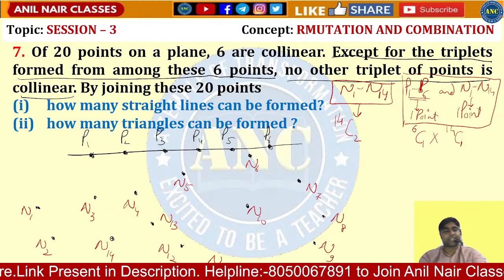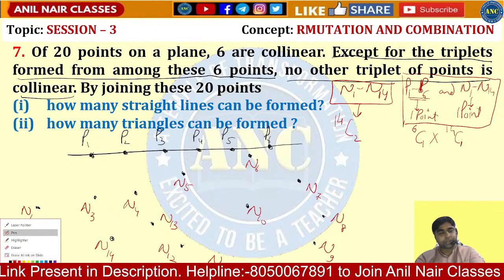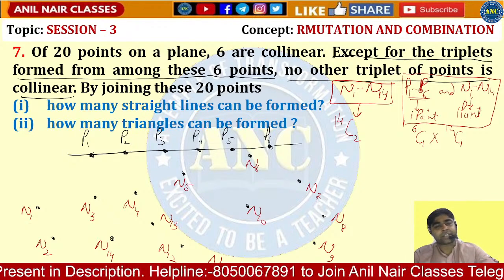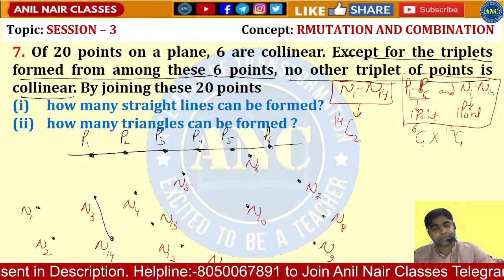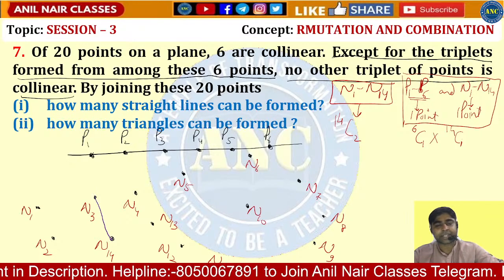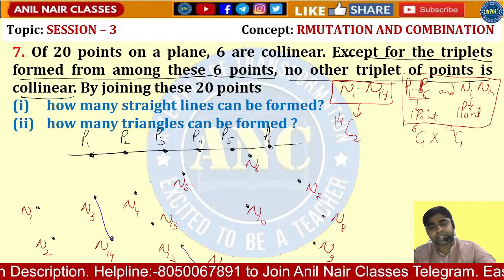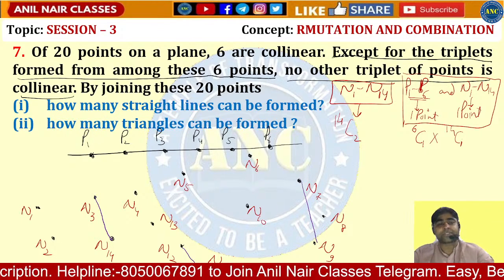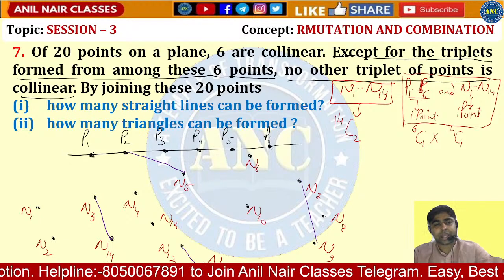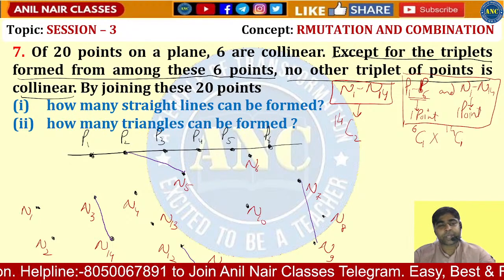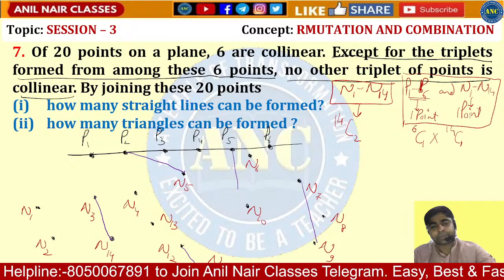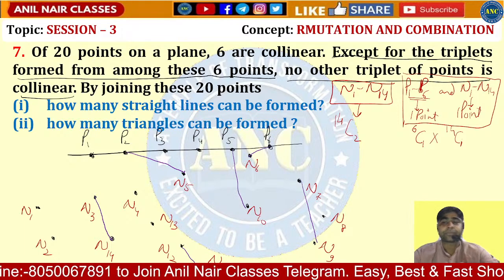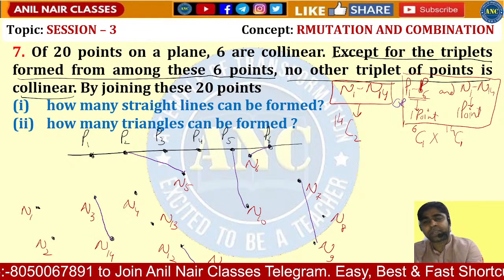I'll just draw it for you to understand. N1 to N14 means something like this. P1 to P6, 1 point, and N1 to N14, 1 point, something like this. This 'or' means plus.